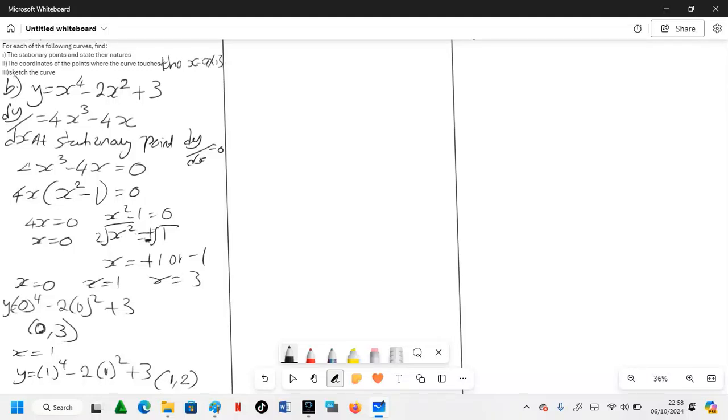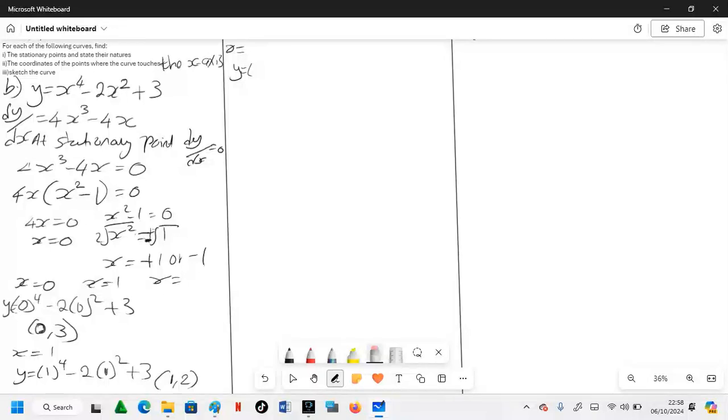The third stationary point is when x is... No, not when x is 3. This was negative 1. Kindly take that correction.